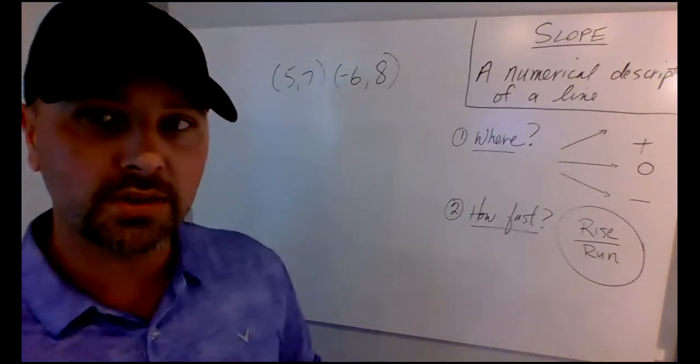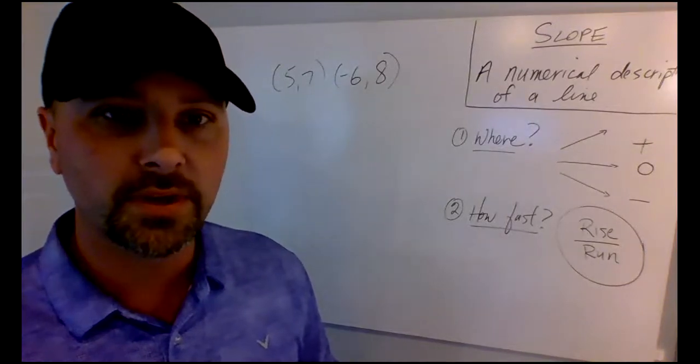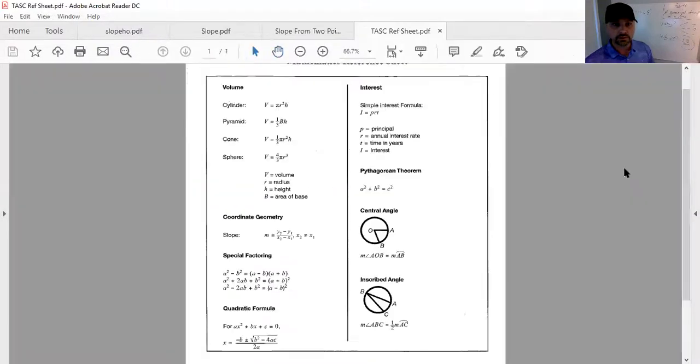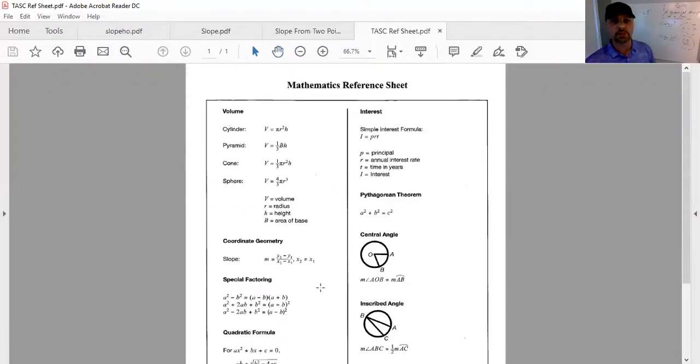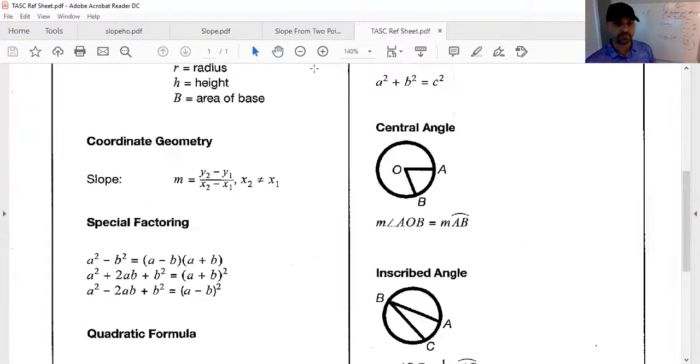So this is where the reference sheet comes in. I'm going to go back to sharing my screen here. If you look at the reference sheet, okay, here's the reference sheet. If you look in the center of that left column, okay, it says coordinate geometry. Well, there's your clue, coordinates, right? Slope, and then look at this mess here.